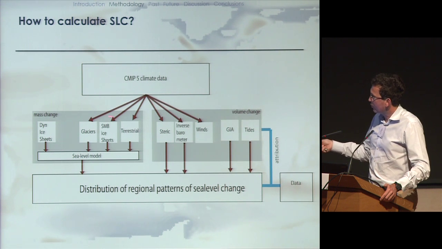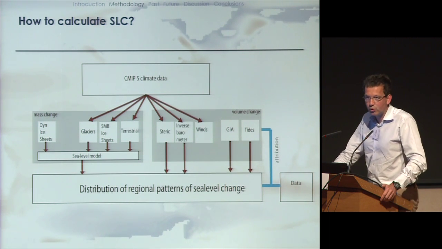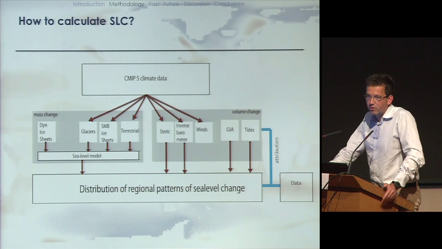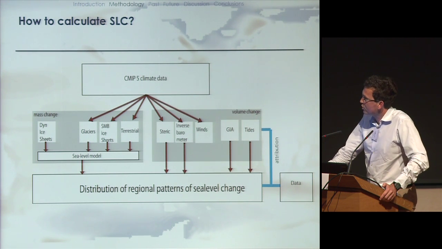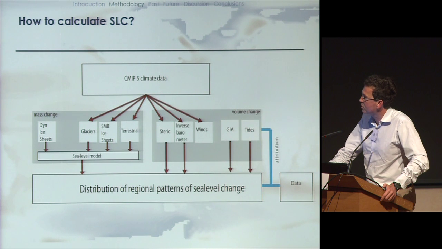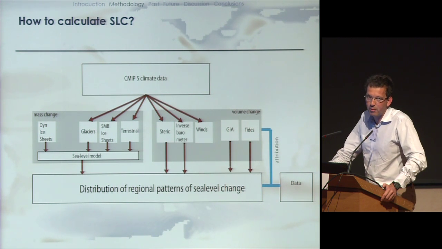This forms what I would say the climate-driven part of the mass change, and then on purpose you see this one slightly separated from the other components, which is the dynamical contribution of the ice sheets. There's a lot of discussion on that, but in this study we at least take it independent of the climate scenario, because it's not directly driven by climate change, but also by internal dynamics of the ice sheet.